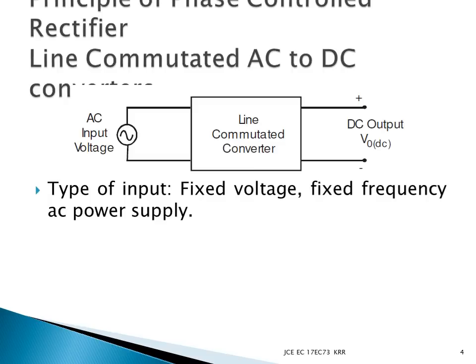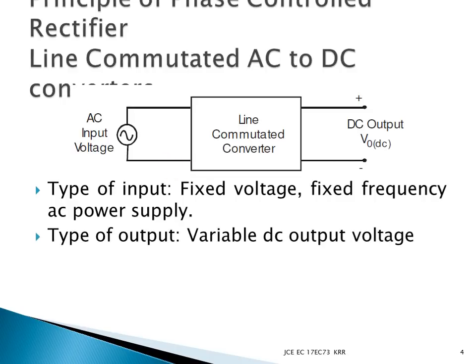The type of input that we can give to this controlled rectifier is a fixed voltage and fixed frequency AC power supply. The type of output is variable because it is a controlled rectifier. It becomes a variable DC output. If it was not a controlled rectifier, then this output also would have been fixed.